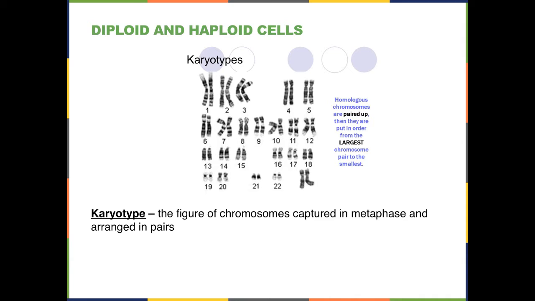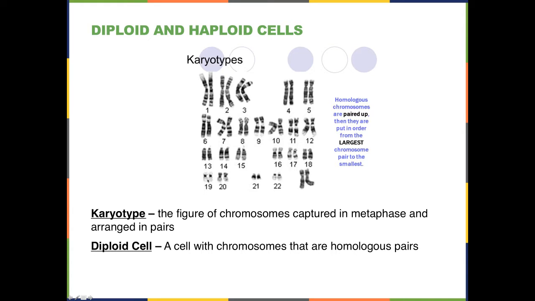Then they stain it with a special stain, and they take a picture of that, and then they basically cut out all the chromosomes that are there, and they pair them up like this based on their length and their banding. That whole process of making a figure of the chromosomes captured and arranged in pairs this way is called a karyotype. So this picture right here is called a karyotype.